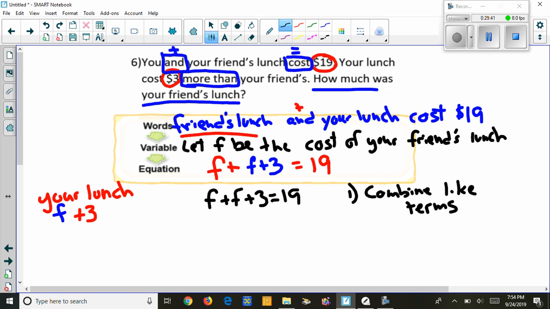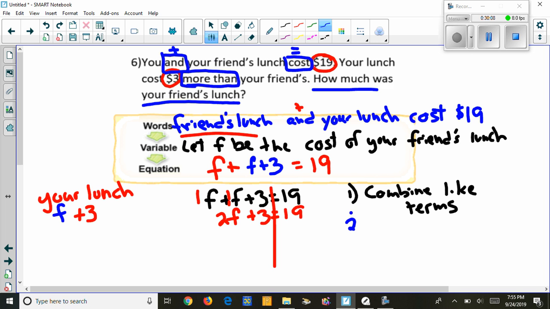And to make that work, let's look at the two F's. Well, I have one F and one F. Whenever there's no number written in front of the letter, it's automatically a 1. Those come together to be 2F plus 3 equals 19. Now this looks more like an equation we've been solving.